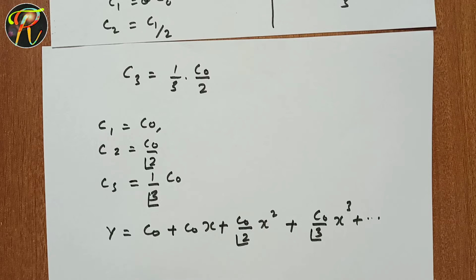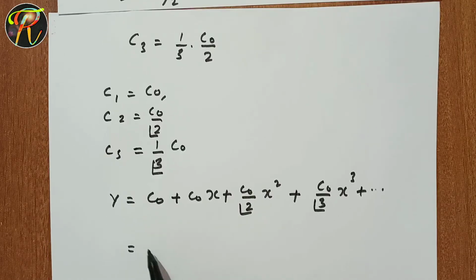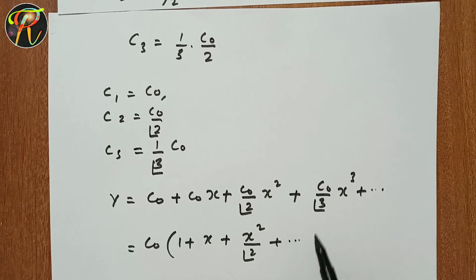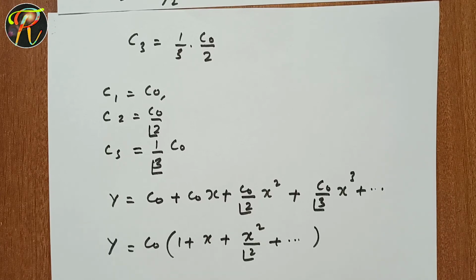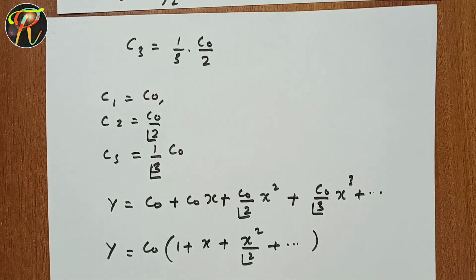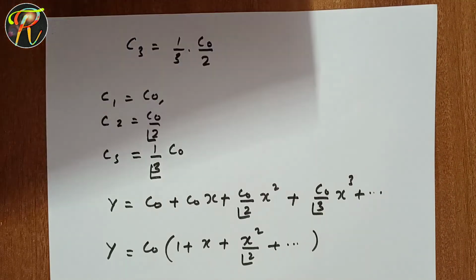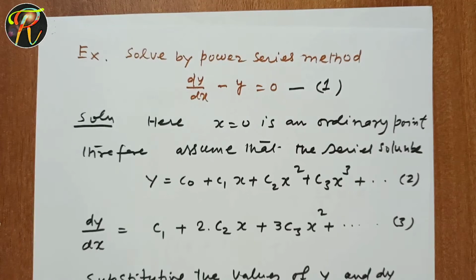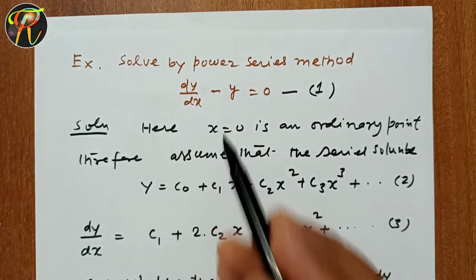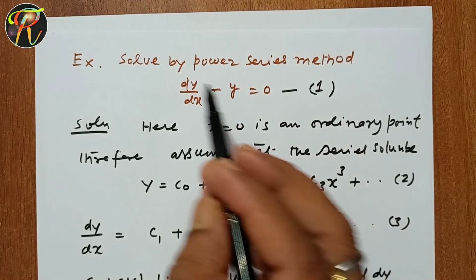Here c0 is common, so c0 times 1 plus x plus x square upon factorial 2 plus up to so on. This is the solution, means this is the answer of the given equation. This is very easy to solve if the given equation is solved by the power series method.